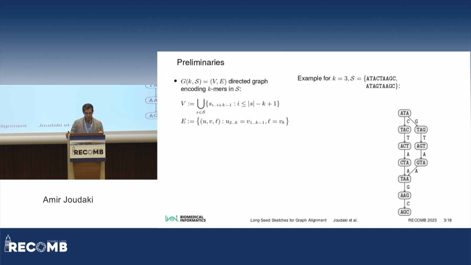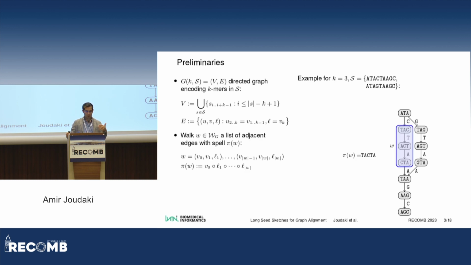A walk is defined as a set of adjacent edges, and you can also define a spell of a walk as all the sequence content on that walk. You can, for example, see the example here.